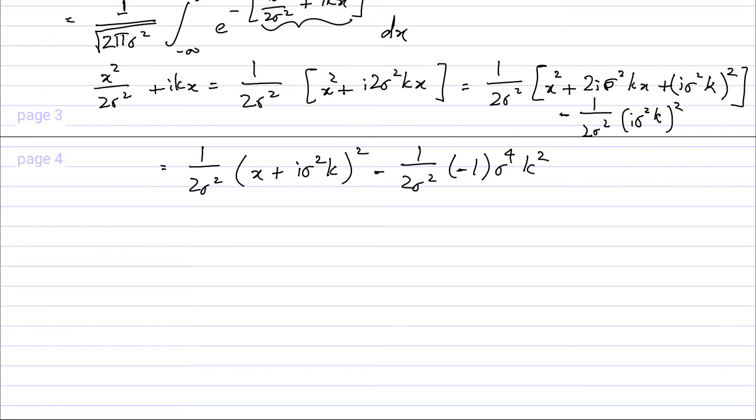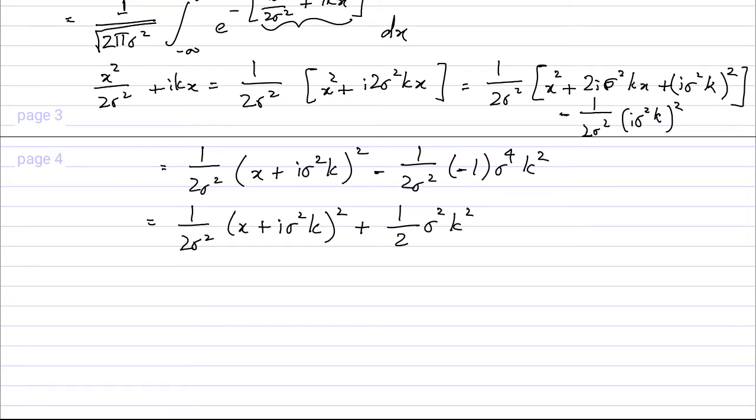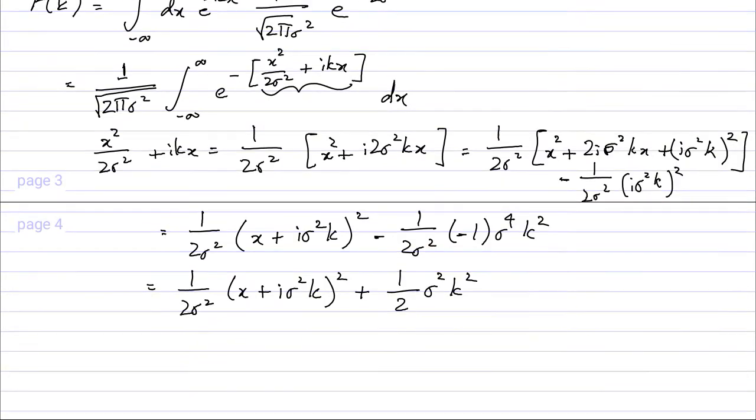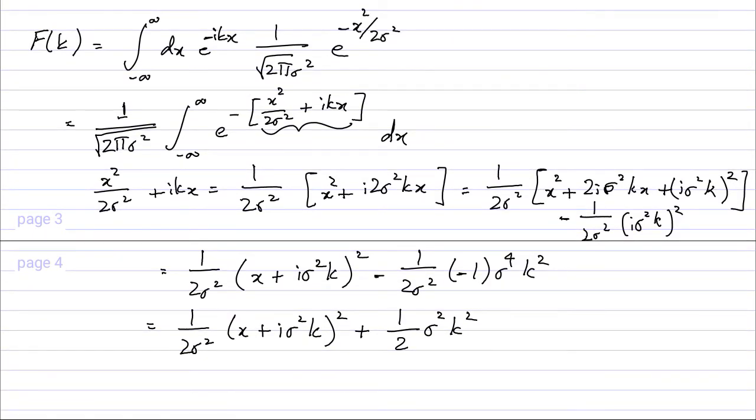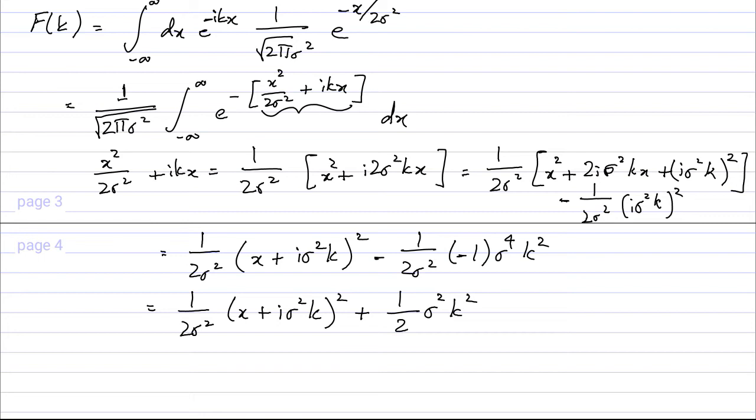This thing then gives me 1 over 2 sigma square x plus i sigma square k whole square, plus from here I have 1 over 2 sigma square k square. That's what I can re-express this exponent as. The idea is that I want to write this term as some variable whole squared, so then this whole thing becomes a Gauss integral yet again.